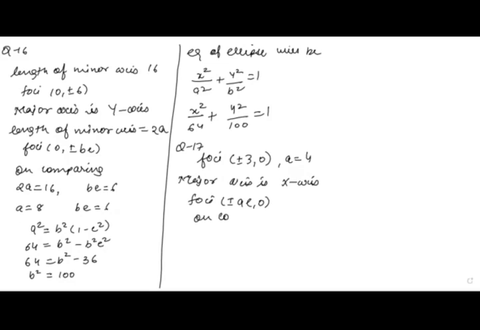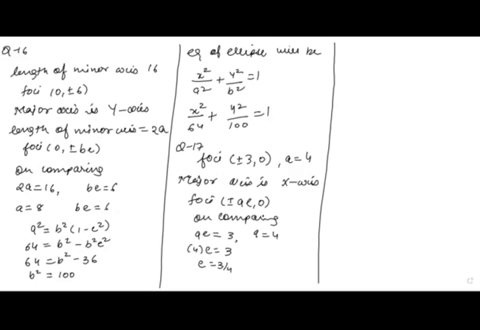So on comparing, I will get ae as 3, whereas a is equal to 4 is given. Giving the value of a, will get the value of eccentricity as 3 by 4. Now, using the relation b square is equal to a square 1 minus e square, will find the value of b.